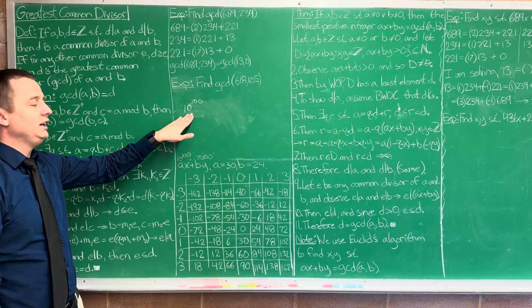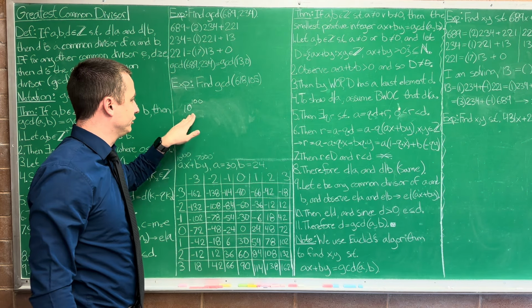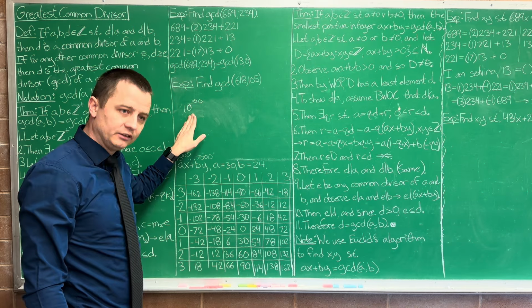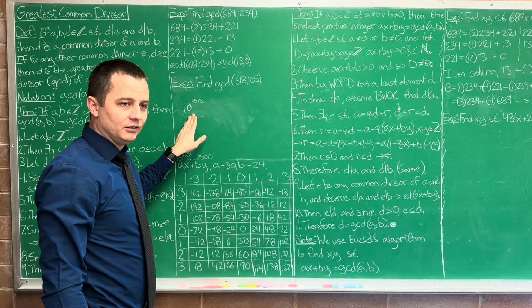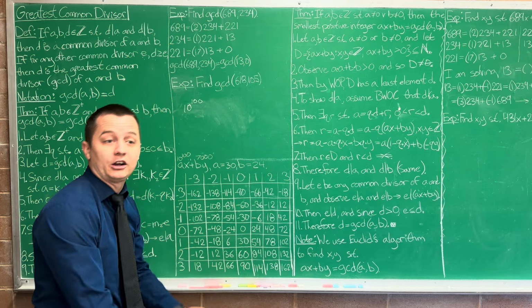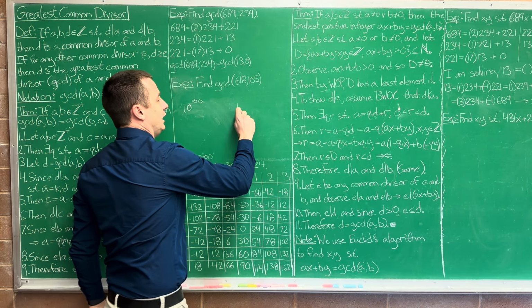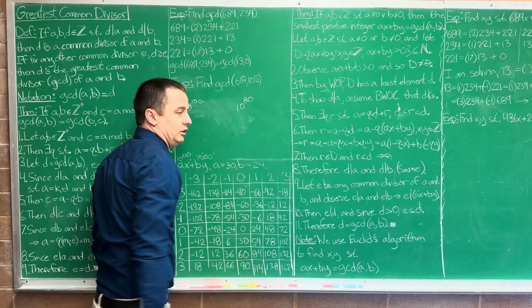Now, how many steps would I have to go through if I had two numbers, roughly 10 to the 100 size? How many steps would I have to go through to find their GCD? On the order of magnitude of 10 to the 100, if I'm going to check all the numbers up to one of the numbers. To give you a sense, 10 to the 80 is roughly the number of atoms in the observable universe.